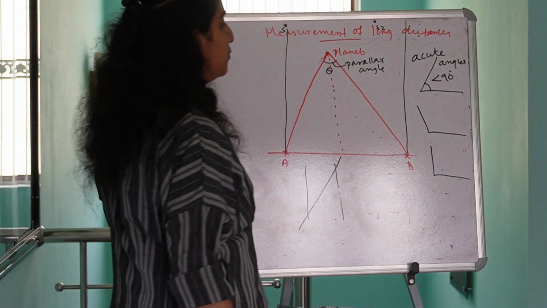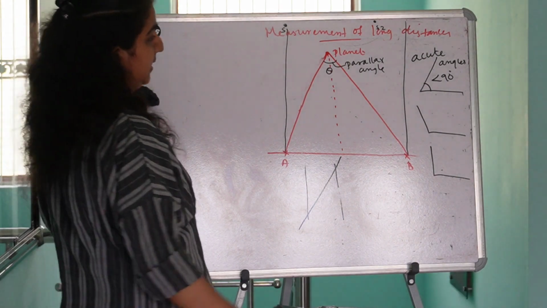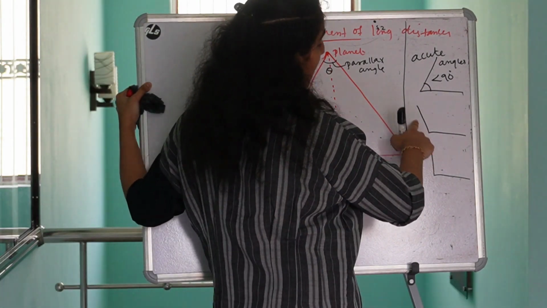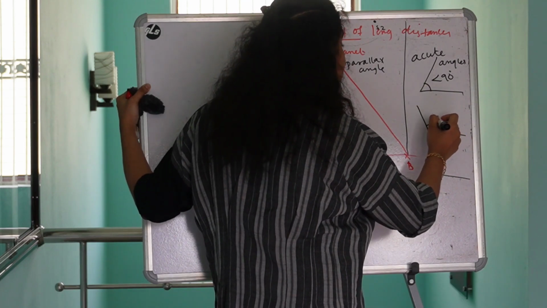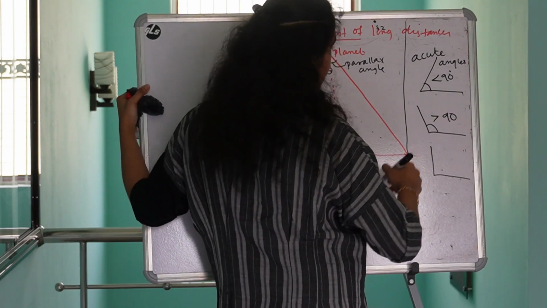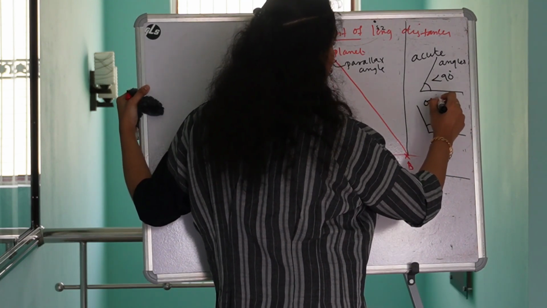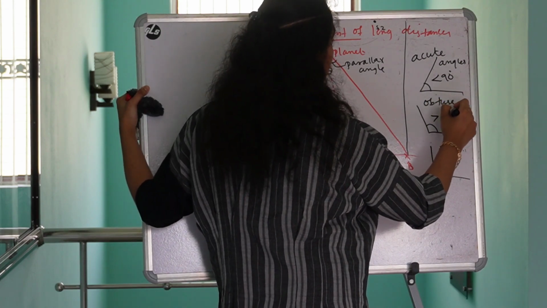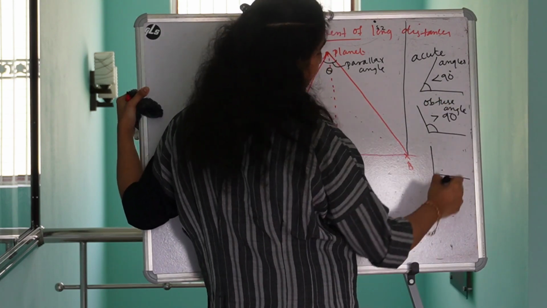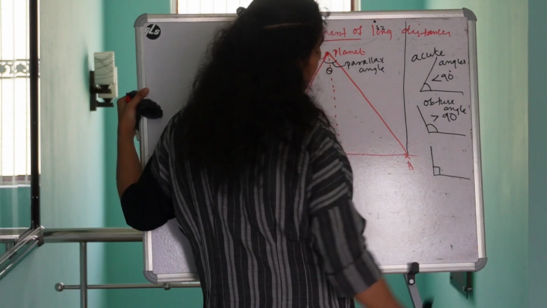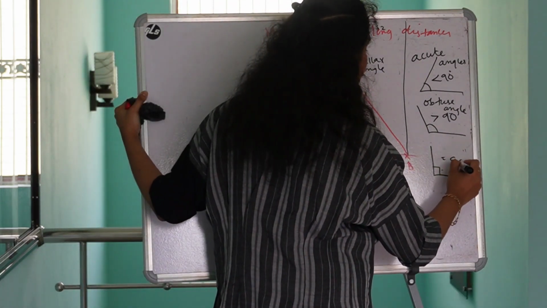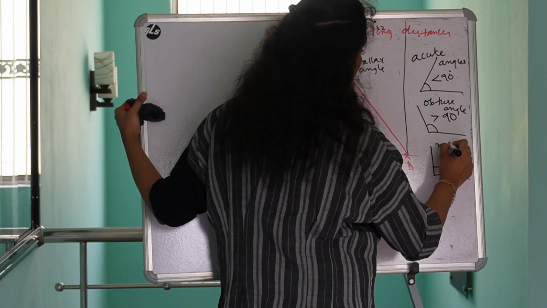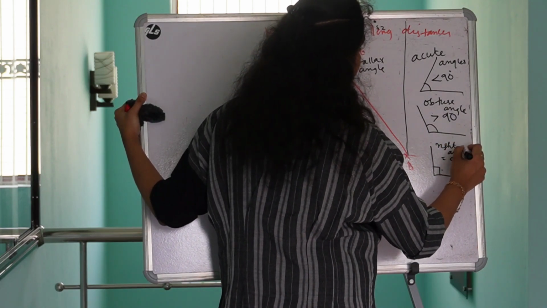If the angle formed when two lines intersect is greater than 90 degree, such angles are known as obtuse angle. Again, if the angle formed when the two lines intersect is equal to 90 degree, such angles are known as right angle.